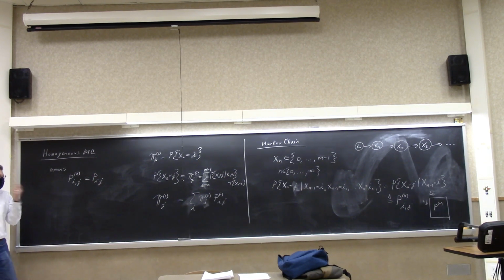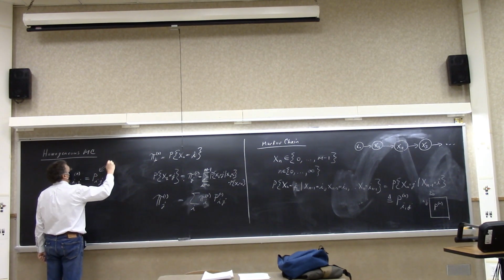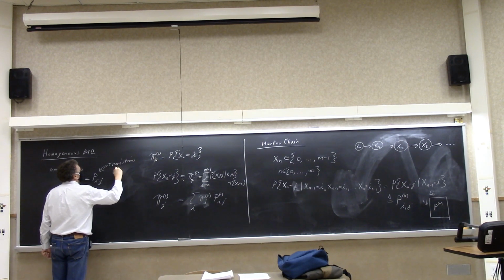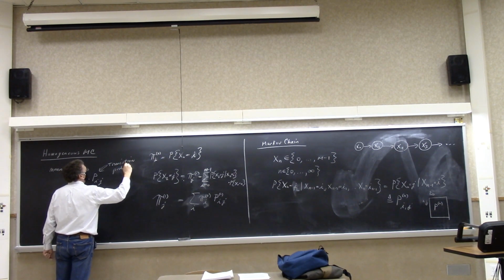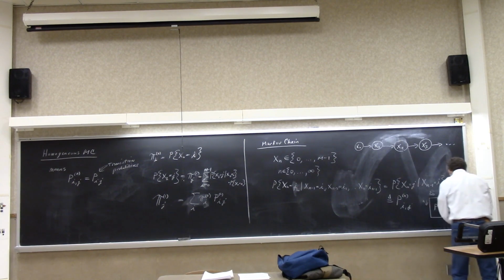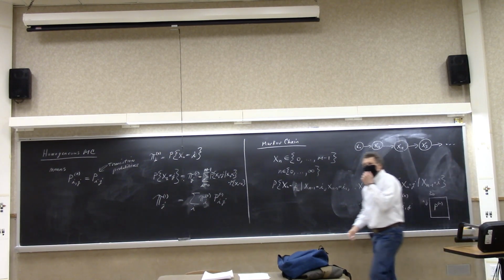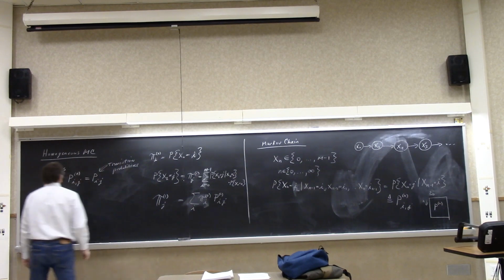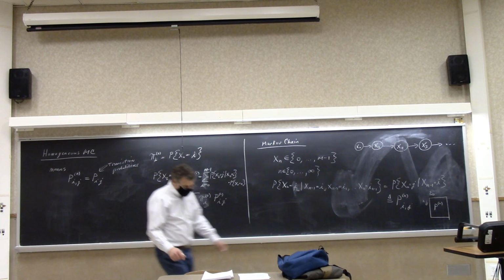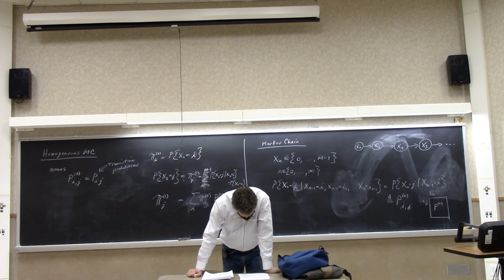So these are called transition probabilities. This chalk is terrible. Yeah? For the expression for pi 1 j in the sum, should it be 1 instead of 0 right there? No, I don't think so. Hold on, let me just double check my own notation. Oh, you're right.